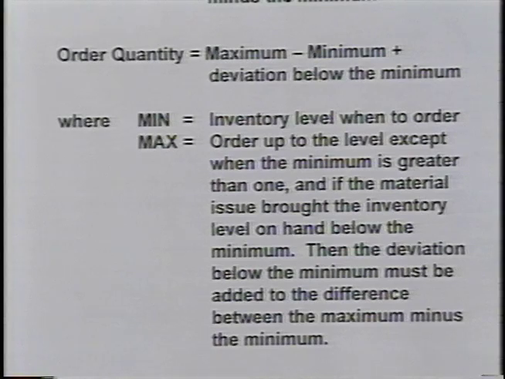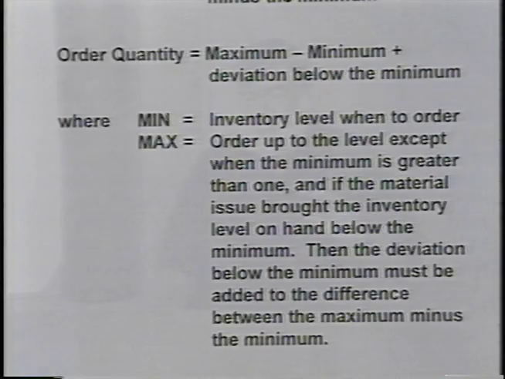However, if the min is equal to or greater than 1, then we have the second formula, which is in the middle of the page, which indicates that the order quantity is equal to the max minus the min plus the deviation below the min at the point I actually issued material out of the storeroom.